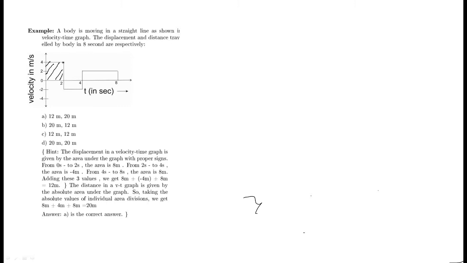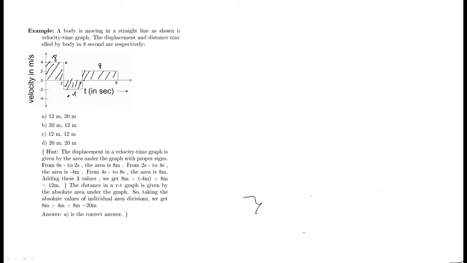So this area is 4 into 2, which is 8. This area is 2 into 2, 4, or actually minus 4, and this area is 4 into 2, 8. So the total area would be 8 plus 8.